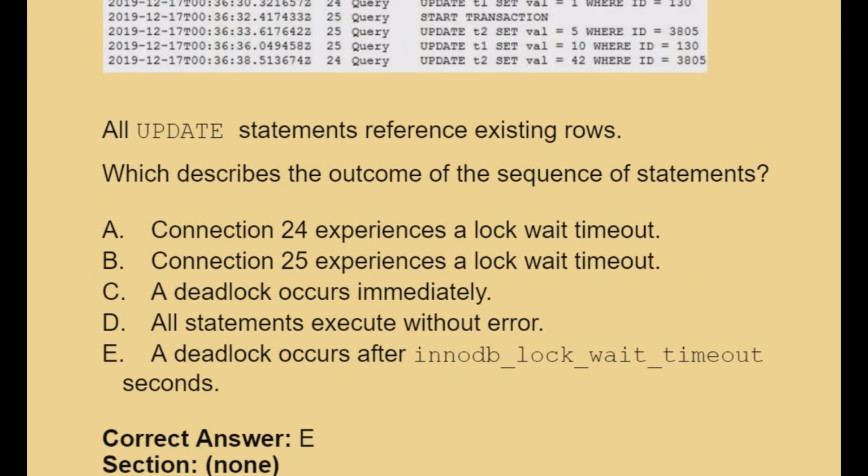Option A, connection 24 experiences a lock wait timeout. Option B, connection 25 experiences a lock wait timeout. Option C, a deadlock occurs immediately. Option D, all statements execute without error. Option E, a deadlock occurs after innodb_lock_wait_timeout seconds. Correct answer is option E.